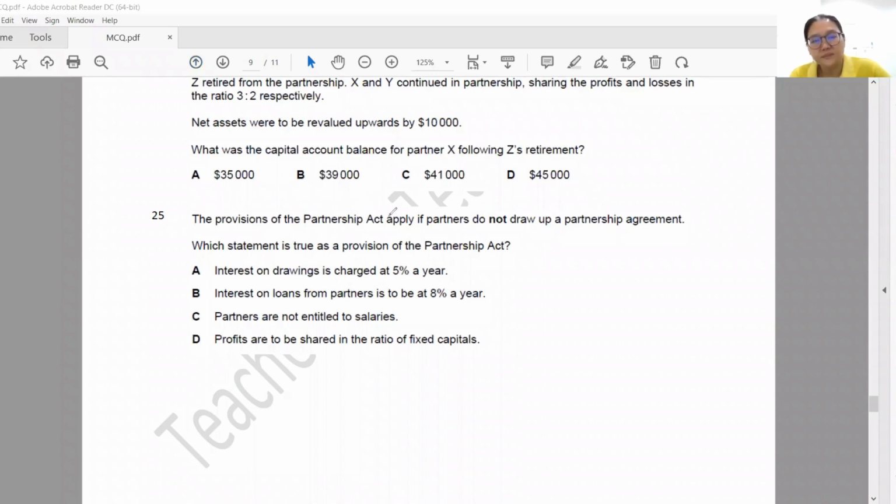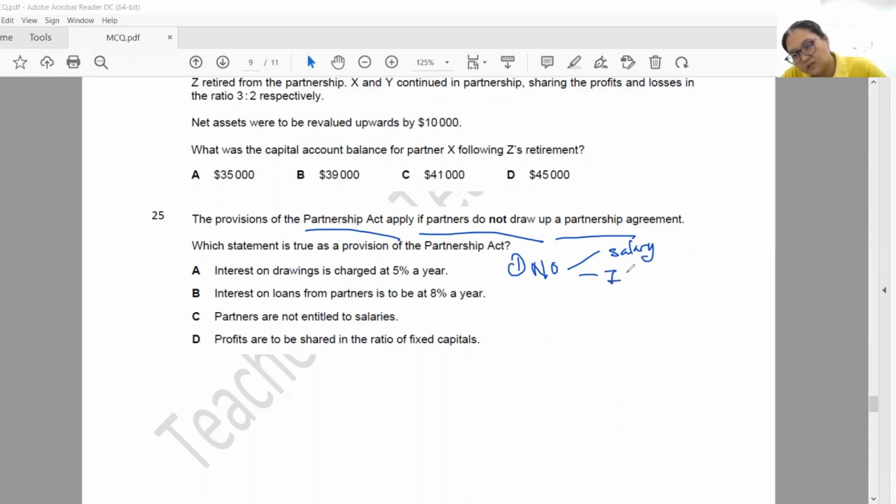The provisions of the Partnership Act apply if partners do not draw up a partnership agreement. What is the Act saying? First, no salary, no interest on capital, no interest on drawing.